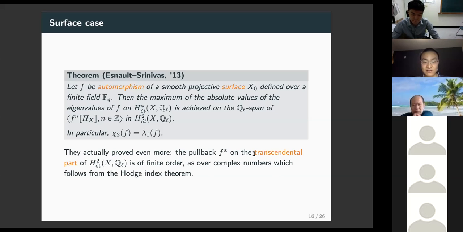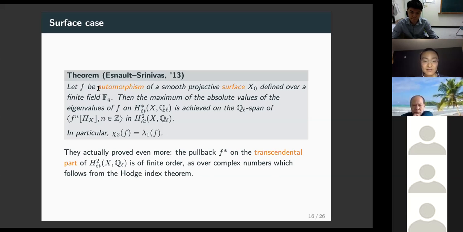And if you consider the transcendental part, all are positive, so you will get a finite group. So this is also true over any finite field.